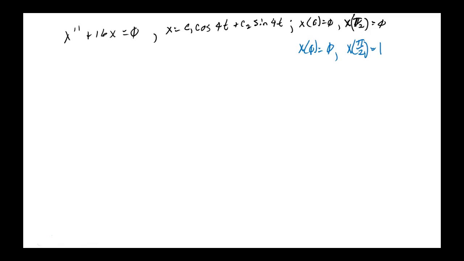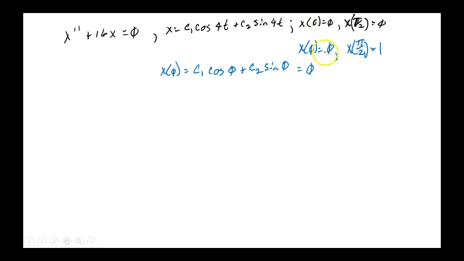There was nothing that required those two to be the same, so that can be 1. Those are two boundary values. All right, let's plug in the first. X of 0 is equal, just like we had before, C1 times the cosine of 0 plus C2 times the sine of 0. That's supposed to equal 0.